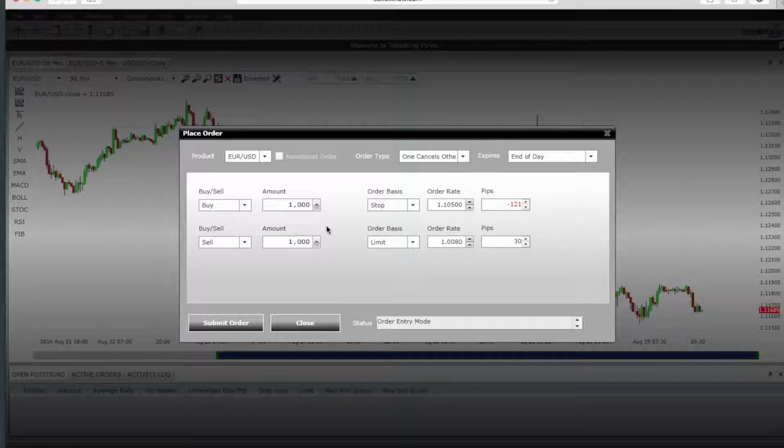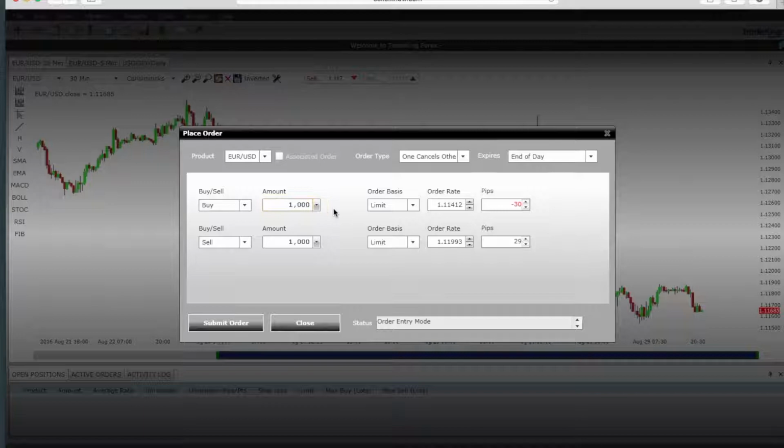So essentially what this would do, you currently don't have a position, so you're flat. So if the euro dollar price were to, and I should change this to, there we go. So essentially, if the currency price reaches this price, and this is a limit order, this will execute a buy order of 1,000 units.